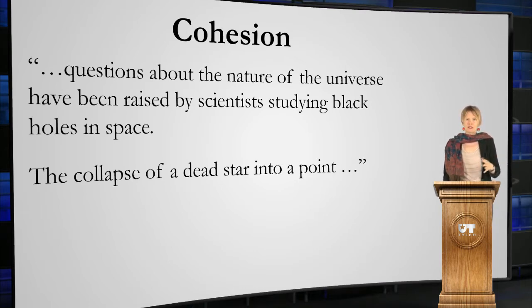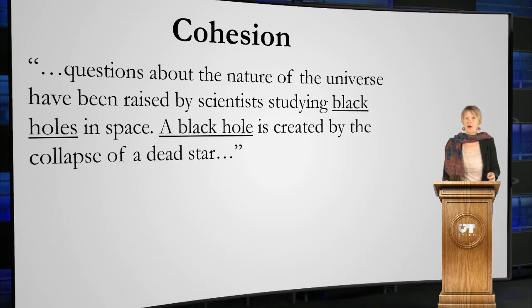Then you have the collapse of a dead star into a point. That's how the original second sentence started out. But then you can see black holes in space ends the first sentence, and then the next sentence starts with a black hole. So you can see how the boundaries of the sentence, the end of one leads very naturally into the beginning of the next one. And that's the principle of cohesion that we'll be continuing to look at in some more examples.